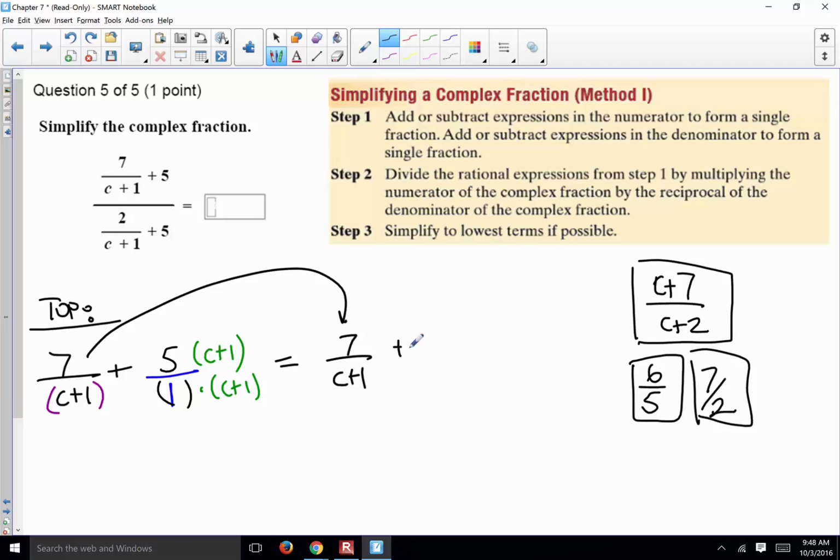The right side is 5 times c plus 1. And 1 times c plus 1 is c plus 1. Am I right? Another mistake happened. Yes. 5 times c plus 1 is 5c plus 5.